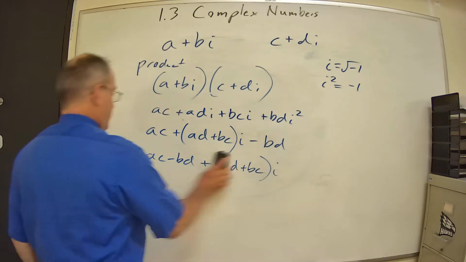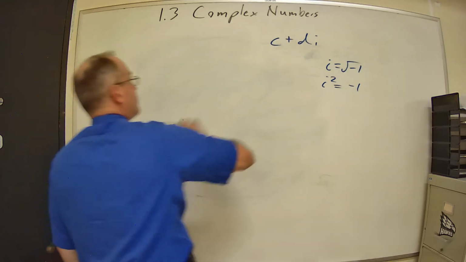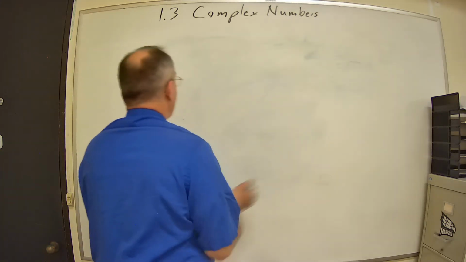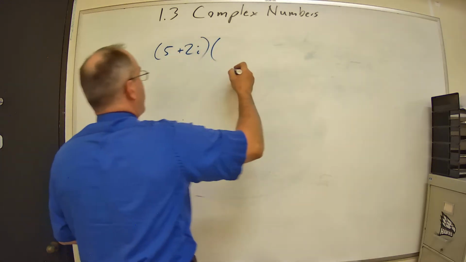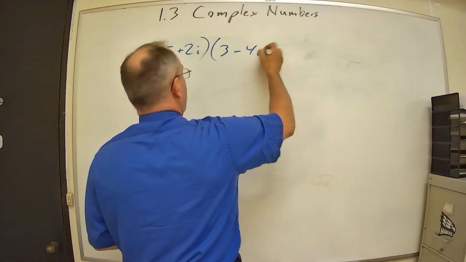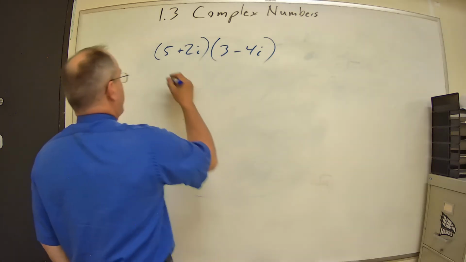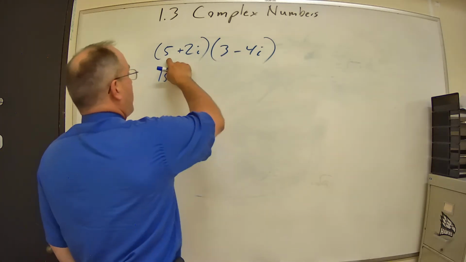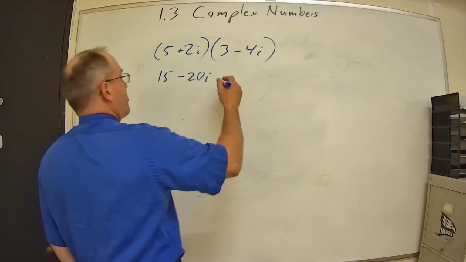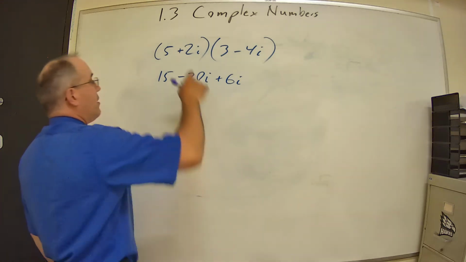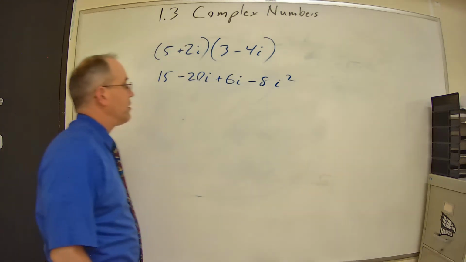So let's give it a shot. 5 plus 2i times 3 minus 4i. So we're just going to FOIL it. 5 times 3 is 15. 5 times -4 is minus 20i. 2i times 3 is plus 6i. 2i times -4i is -8i squared.